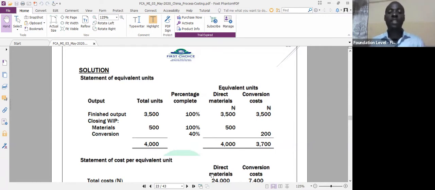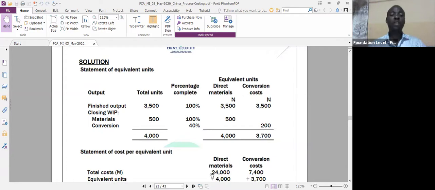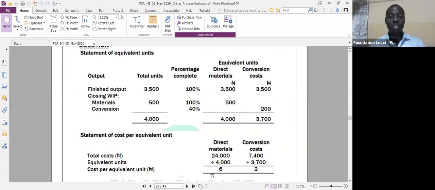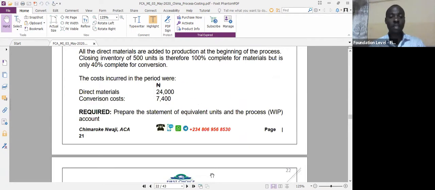So you have done the statement of equivalent units. What it also means is that out of the 4,000, 3,700 feels like being completed. All right. Now that we've done statement of equivalent units, we'll now go to statement of, what is that again?